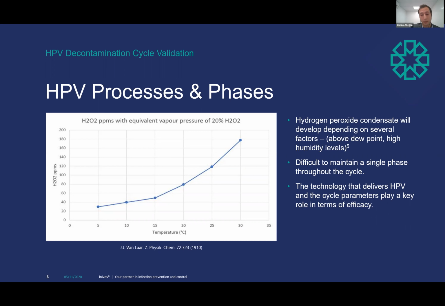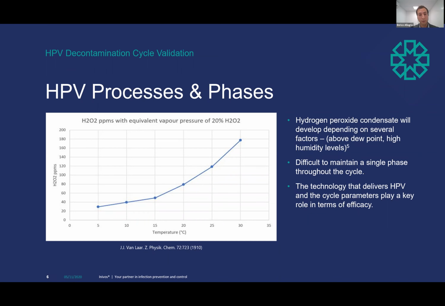Taking this information into account, we can now understand how come between 57 and 90 ppm there was such a big gap. Most likely, after that threshold is reached, a lot more condensation will happen, and therefore a lot more hydrogen peroxide will be deposited on the surfaces, causing death.